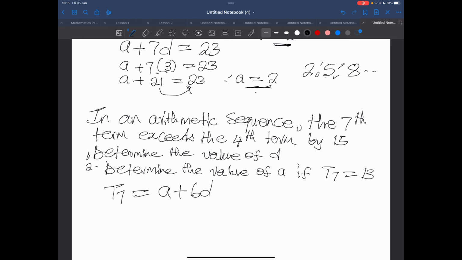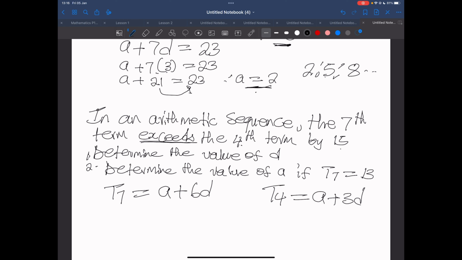They say the seventh term exceeds. To exceed is to be bigger than. So the seventh term is bigger than the fourth term by 15. Okay, let's have the fourth term. What is term number 4? Term number 4, we know that it's a plus 3d.